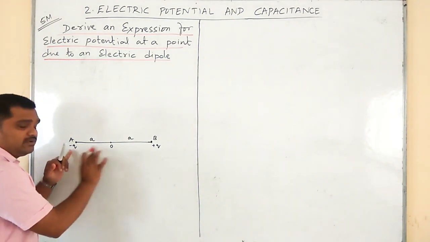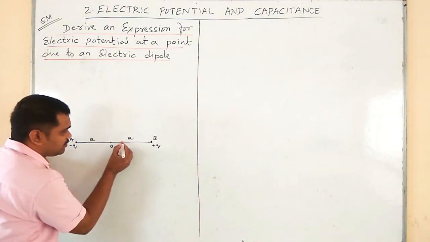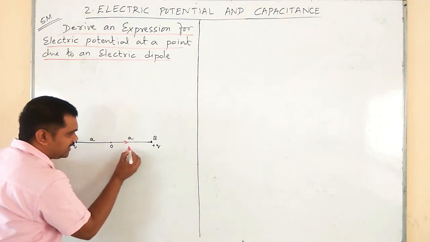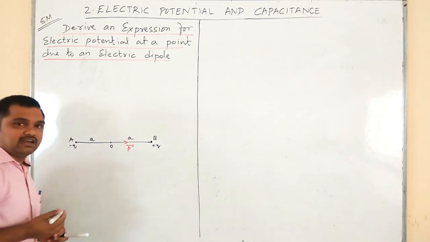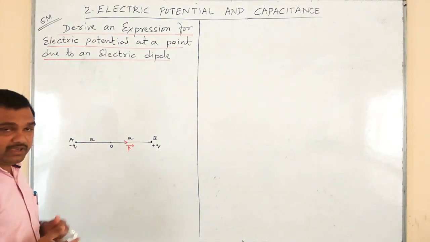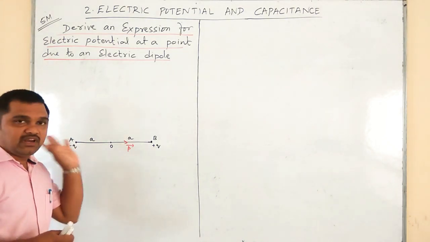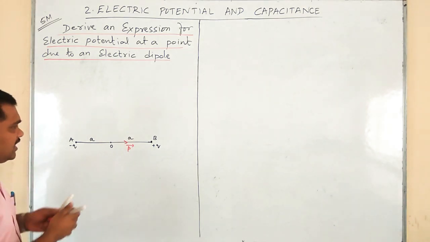So, in the case of an electric dipole, it is mandatory to write the direction of the electric dipole moment, that is small p, which is always from negative charge to positive charge.